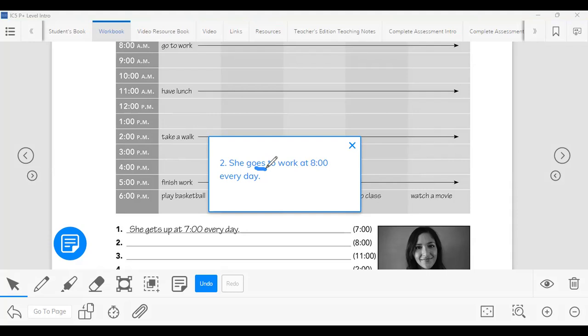Because if we are talking about he, she, or it in present simple, I think we need to add "es" to the verb. When? That's correct.